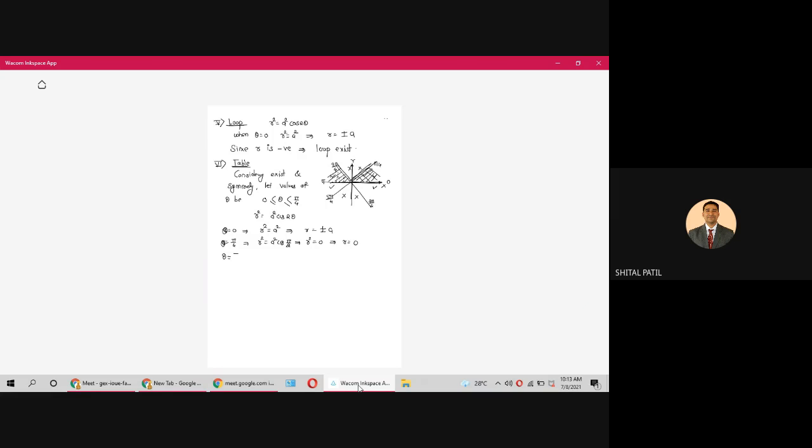Now, theta equal to pi by 8. Let me consider a value which is between 0 to pi by 4. So r square equal to a square cos of pi by 4, pi by 8 into 2. And what is this? A square 1 upon root 2. So a square divided by root 2. But what is r? Plus minus a divided by root of root 2.